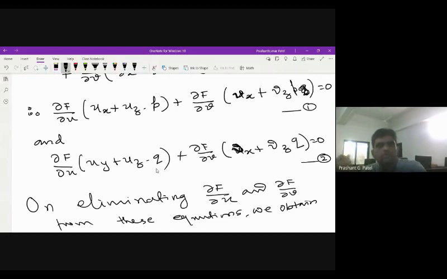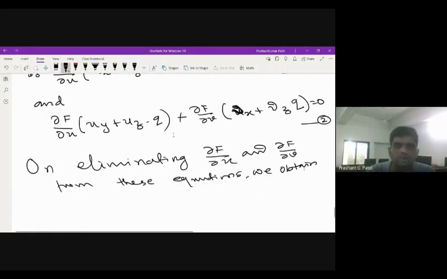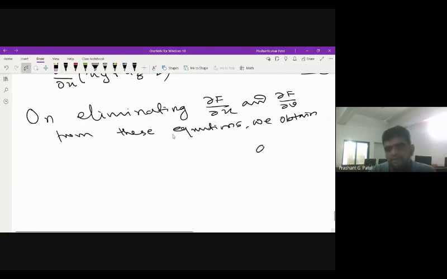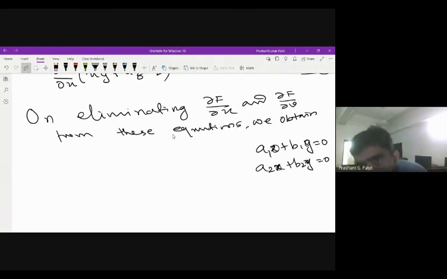There are many ways to do this. The equations are of this type: a1x plus b1y equal to 0, a2x plus b2y equal to 0. The question is to eliminate x and y from these.